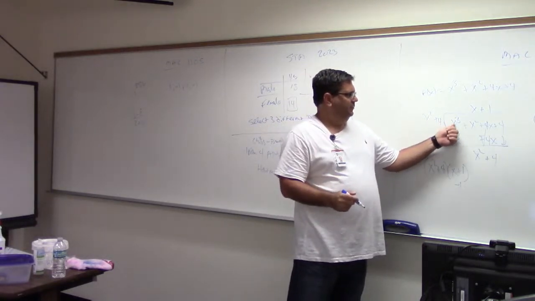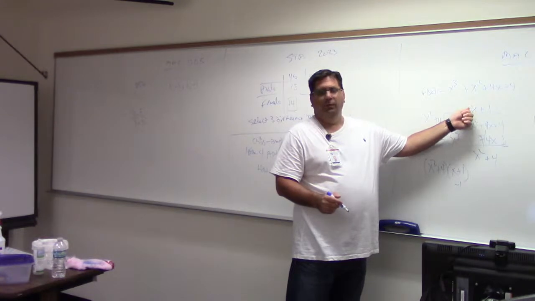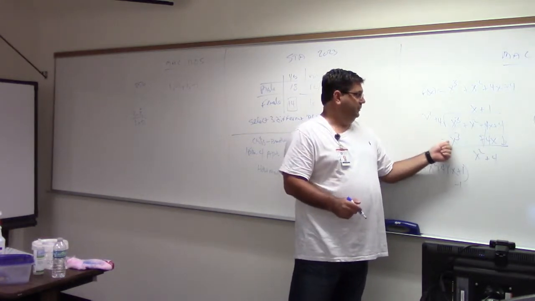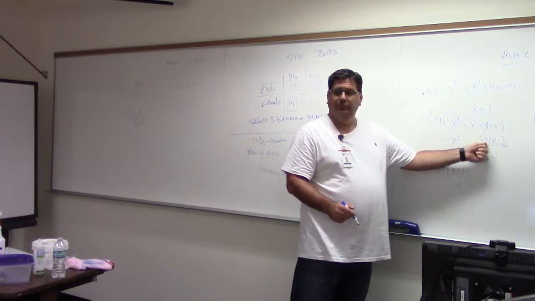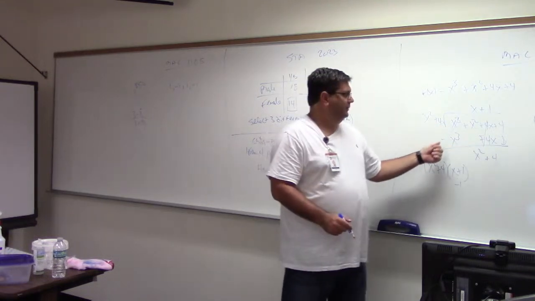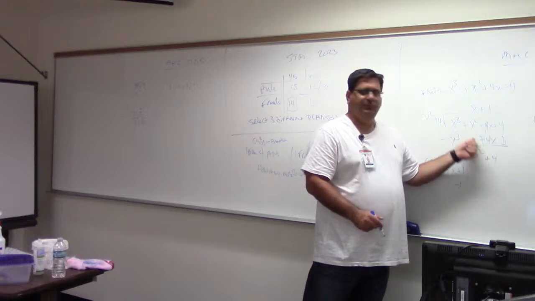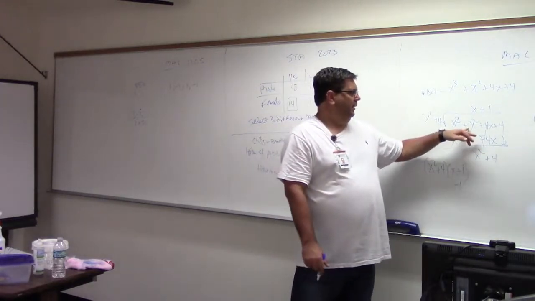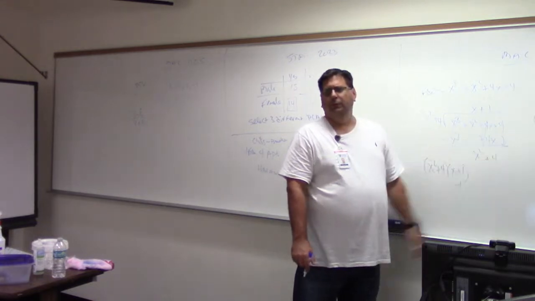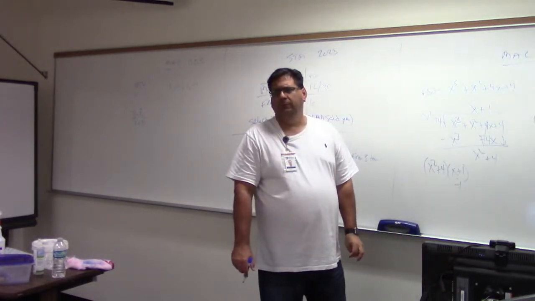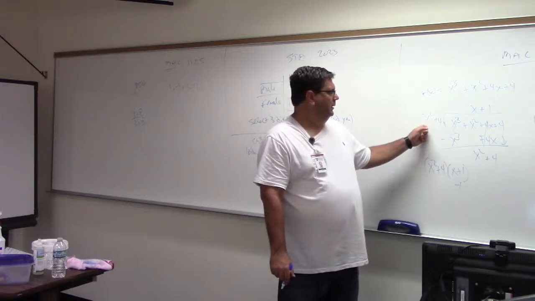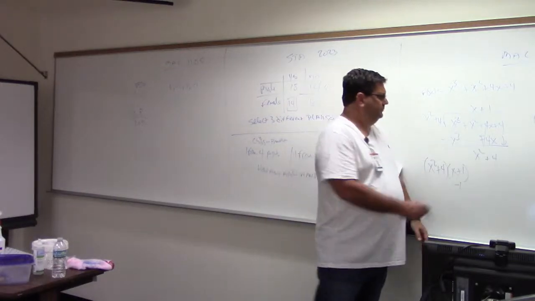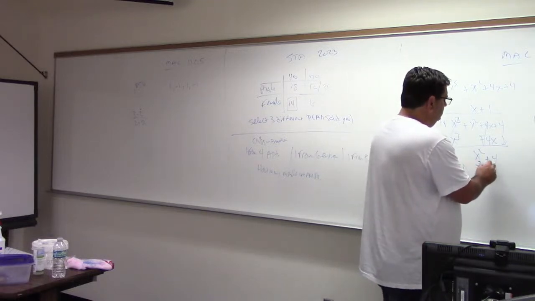X squared goes into x cubed, x times. Then we got to multiply x times this, which is x cubed plus 4x. Then we have to subtract. That cancels both of those pieces. Okay? And then you have x squared and 4 are your two final pieces. Okay, so the 4 came from the outside. Yep. X squared goes into x squared one time and then they all cancel. Are you doing the i?